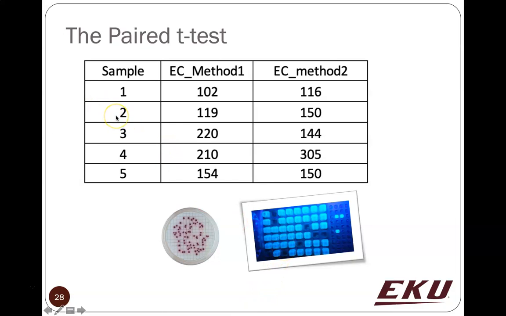Then you collected a second water sample from a different place, tested it using this one, and then tested it using that one, and then you recorded your results there. So when you're doing repeated measures around a particular sample, or you're using two different competing methodologies around a sample and you want to see if the methods are the same, we would call that a paired test.